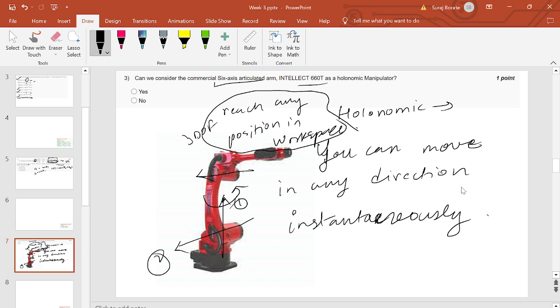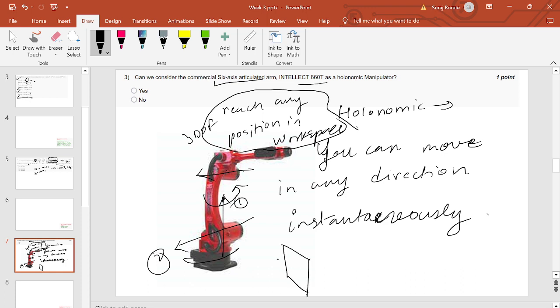So this particular base link will take you to a particular plane. So let's say there are a lot of planes around, like this plane. There are infinite planes, right? Vertical planes. So this particular base will orient you into one of the vertical planes, and inside that vertical plane, it is like a two-link manipulator, right?